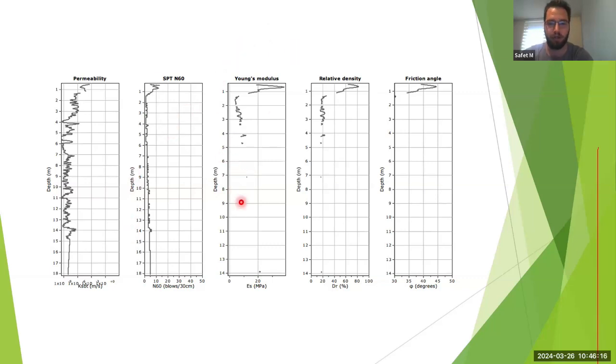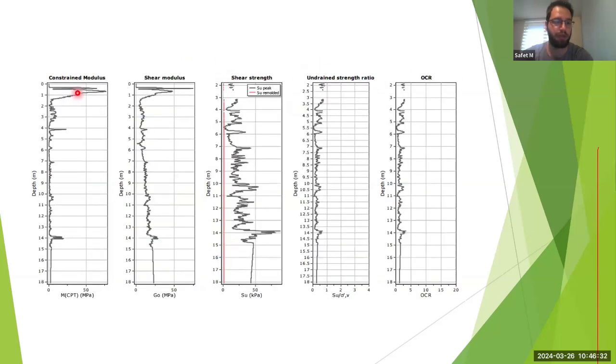Also, when there's enough data, you can calculate the Young modulus, or the elasticity modulus. You can calculate relative density, and you can calculate the friction angle. That's really important for the designs. Also, you can get the constraint modulus that you would usually get from the odometer.